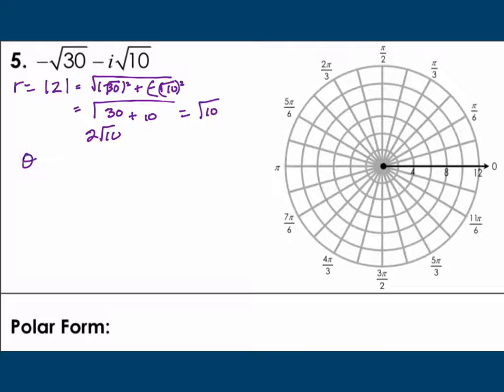Okay, and then theta is inverse tan of negative square root of 10 over negative square root of 30. So that is tan inverse of, not 1/3, the square root of 10 over 30.